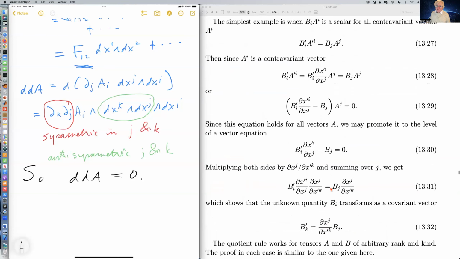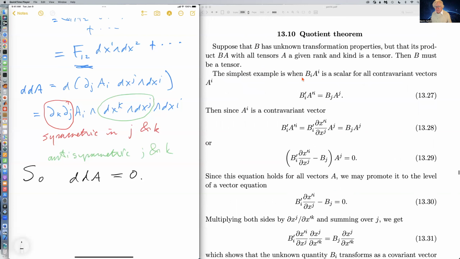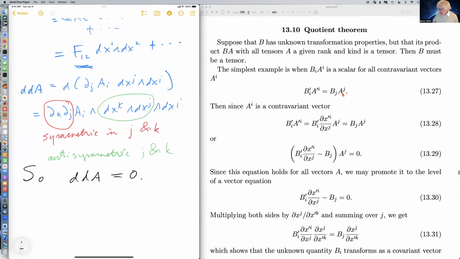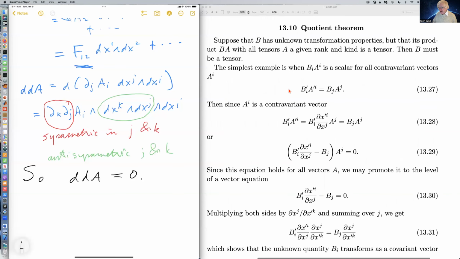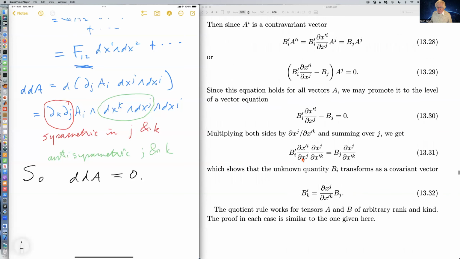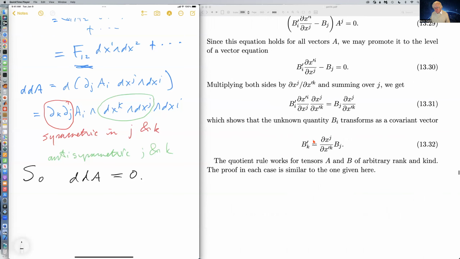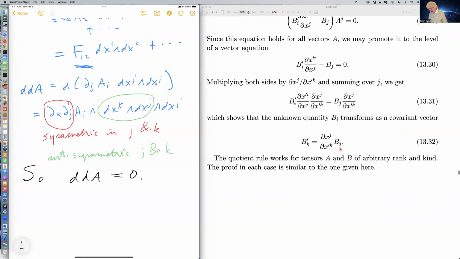So in other words, we start out with something and we're told it's a scalar when multiplied by any contravariant vector A, so it transforms this way. And then what you find out is that B prime k is partial x^j, partial x prime k, B_j, but that says that B_j has to be a covariant vector.